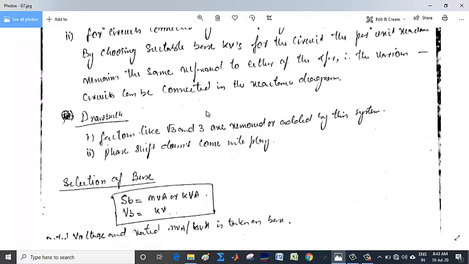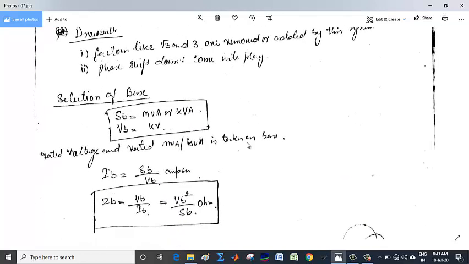So now comes the question, how do we calculate these per unit values? When we calculate the per unit value, we first have to select the base. The base actually is selected first. Voltage and rated MVA are chosen as the base, or we can say reference value.